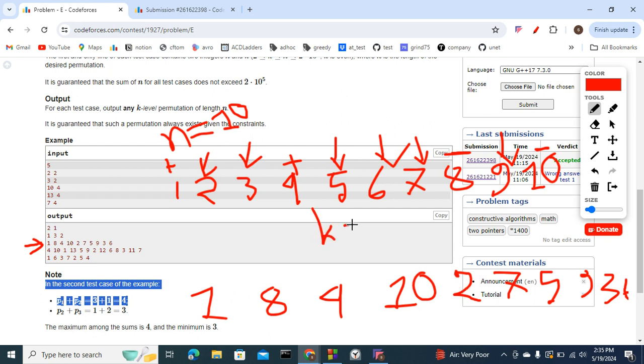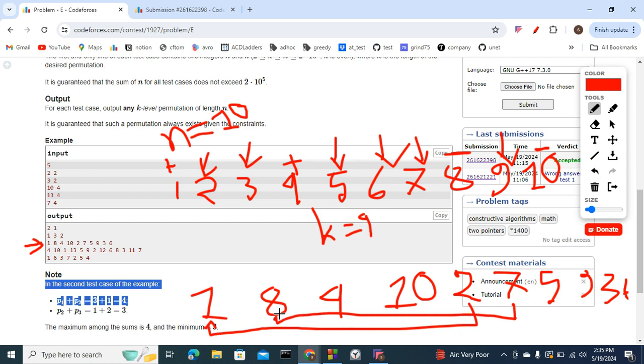As k equals 4, each element depends on the element 4 positions before it. We only increase the odd positions and decrease the even positions.